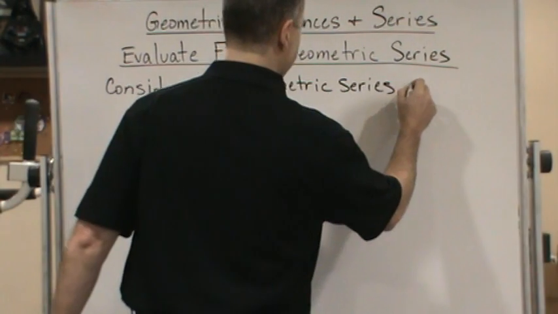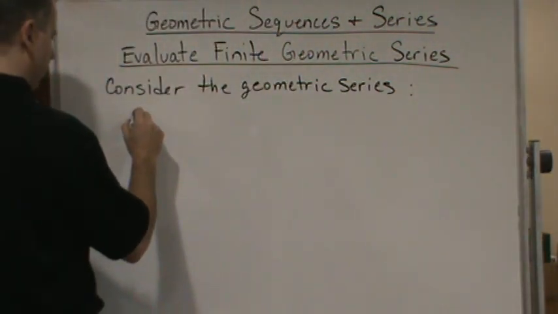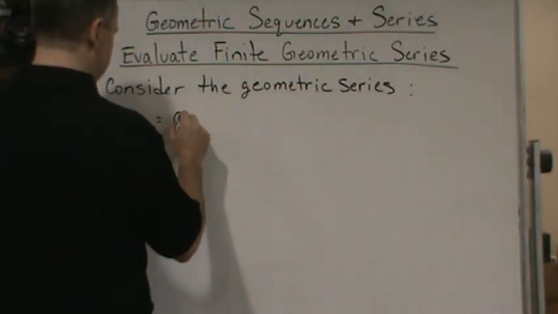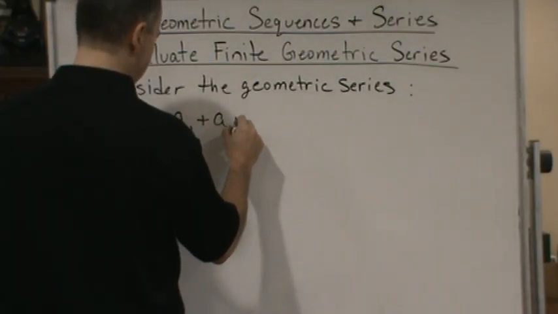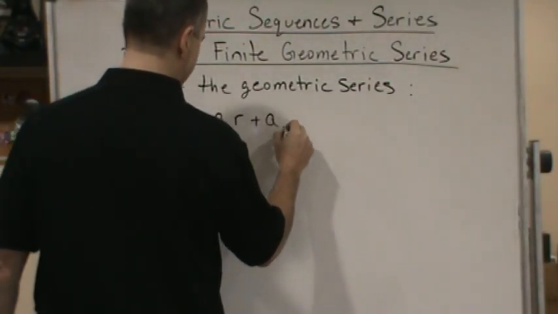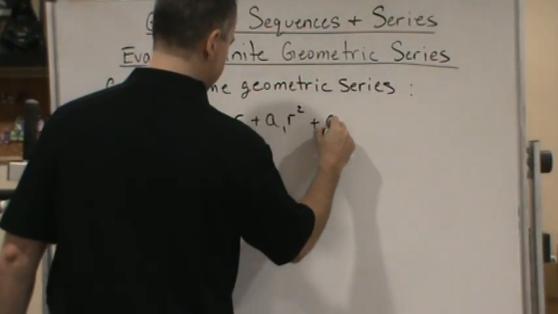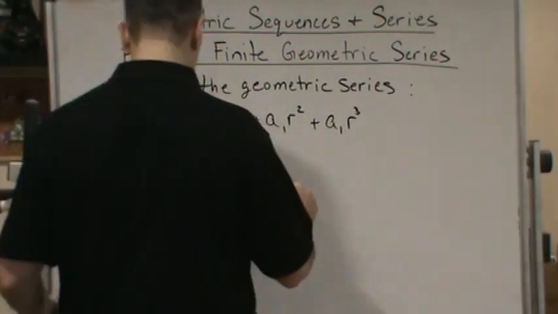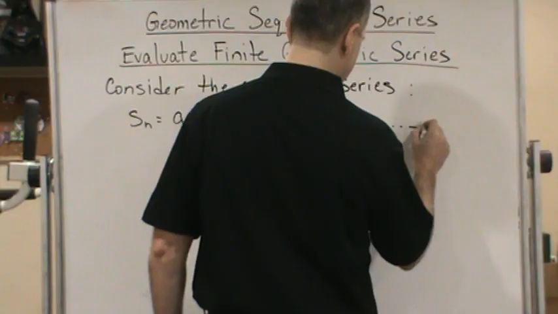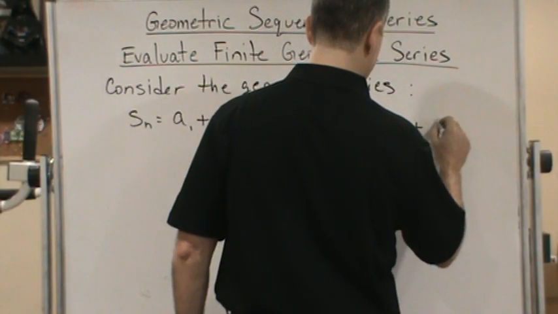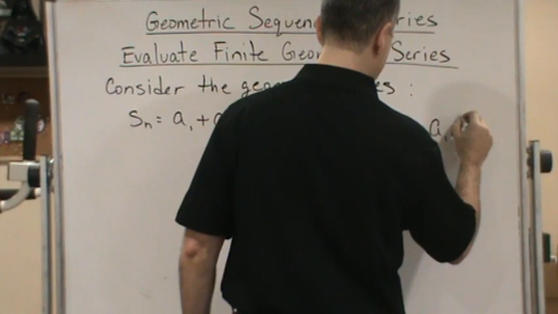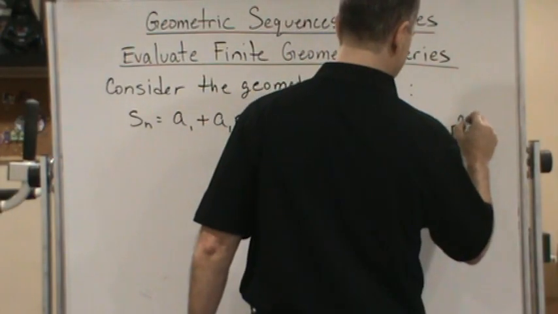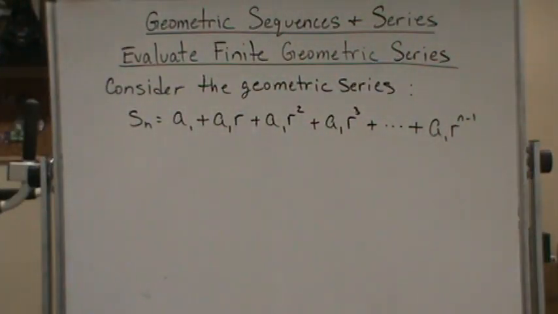So let's consider the following series: S sub n equals a1 plus a1 r plus a1 r squared plus a1 r cubed, and so on.